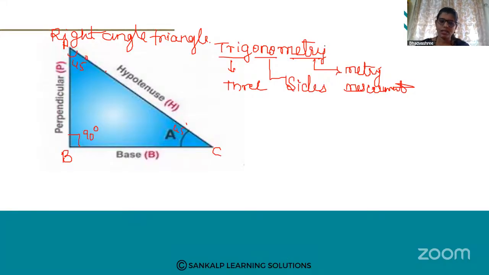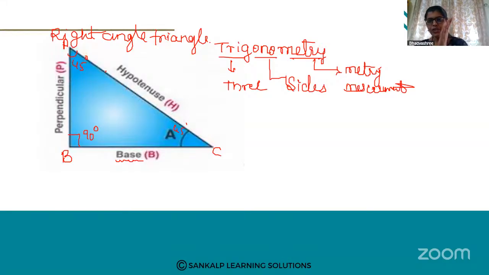Next. This one we call BC, and BC is called the base. AB is called the perpendicular or height. We also call it height, or perpendicular. Next, AC is called the hypotenuse. Why hypotenuse?